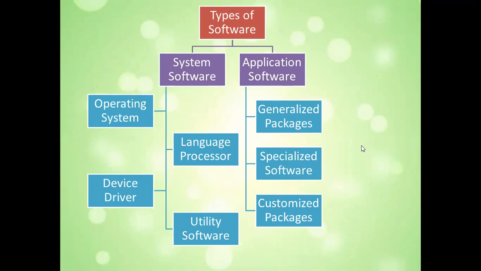So MS Office is a generalized package which everybody can install on their systems, on their laptops. It doesn't matter whether I'm installing on my system or you are installing on your system, it will work in the same manner. If it is working for me, it will also work for you. These types of softwares are known as generalized packages.